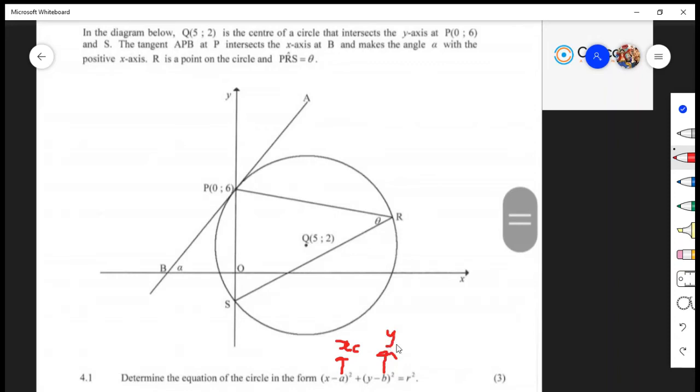So our center point, which is Q, has 5, which is our a value, and 2, which is our b value, right? So let's get started with the question.